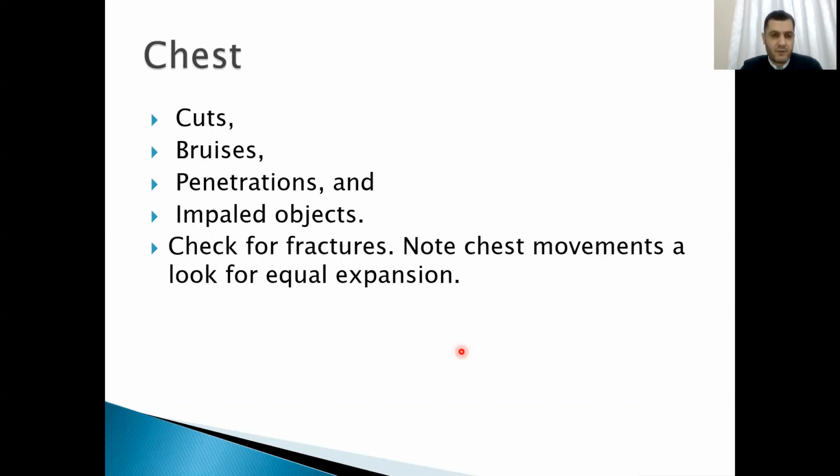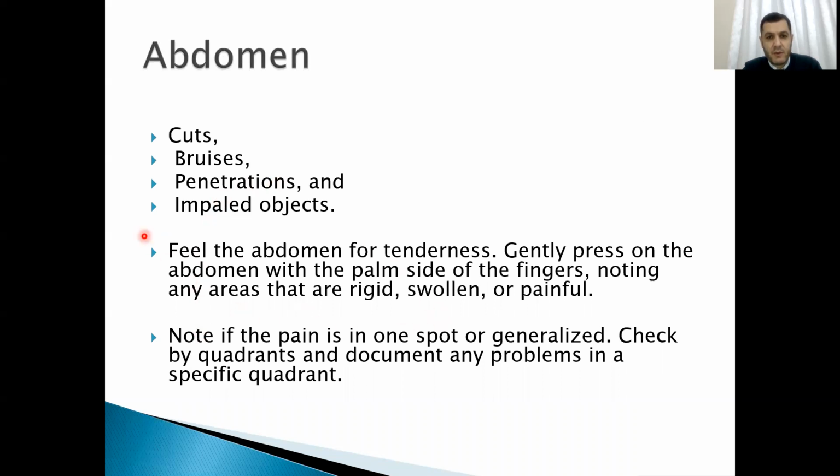Again, for the chest, you have to expose the chest. You have to look. That's a focused physical examination on each part. Look for any cuts, bruises, penetration, impaled objects, any fractures, or absent chest movements, okay? We are looking for equal expansion of both sides of the chest. In the abdomen, we are looking for the same things.